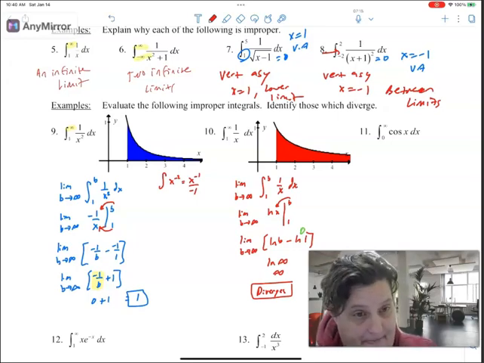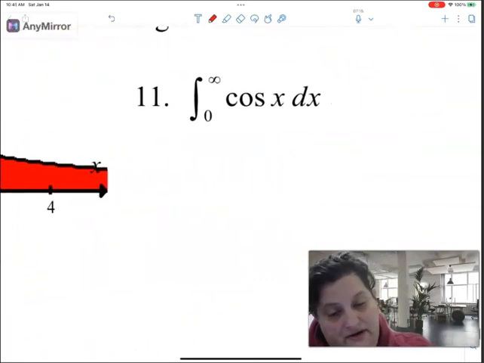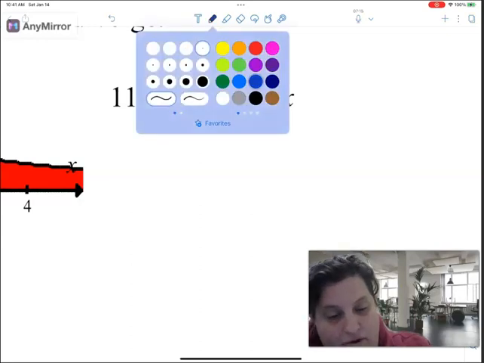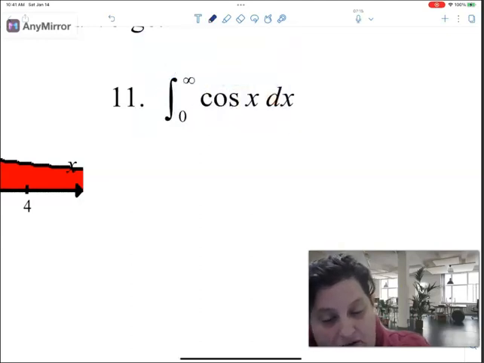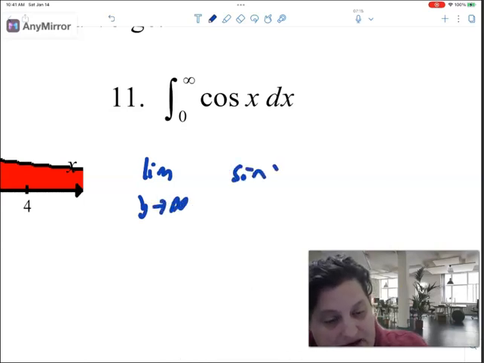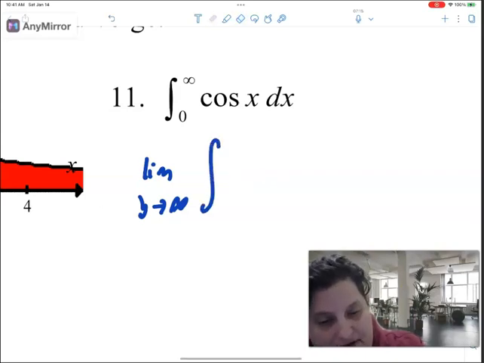Okay, so let's see if cosine converges or diverges. Again, we don't want to work with the infinity in there. We want to write the limit as b approaches infinity. First let me check this out: the integral of cosine x from 0 to b.